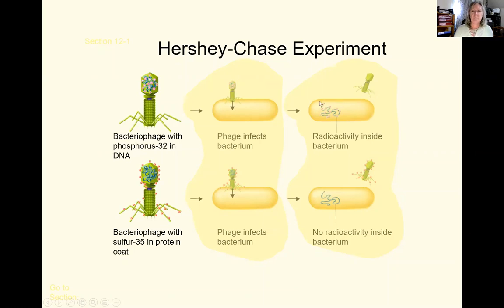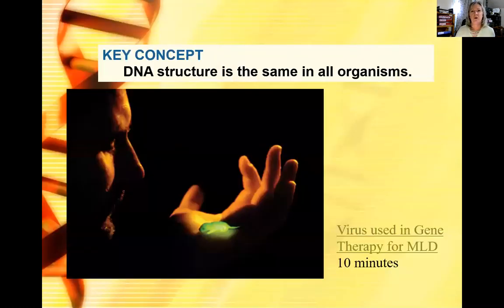For a long time, you could figure out where a mistake was in the DNA, but how do you fix it? Because DNA is so small, you can't just cut it out and put something in. So viruses have become a delivery vehicle for good, corrected, non-mutated sections of DNA in the cells.